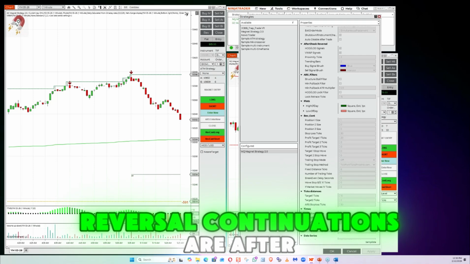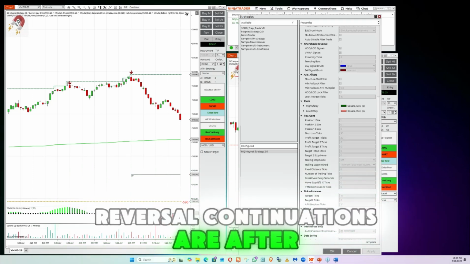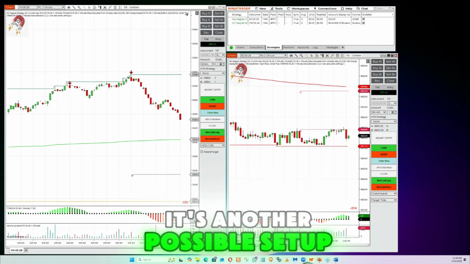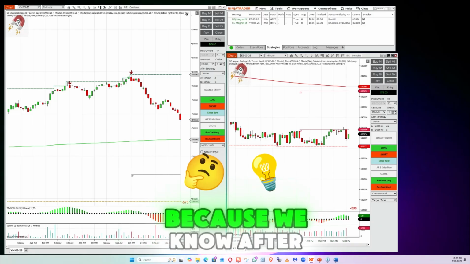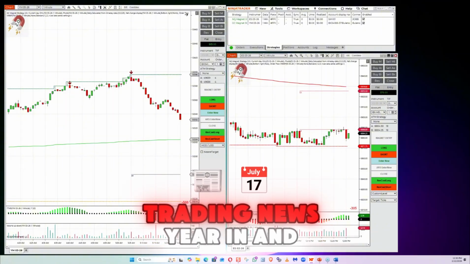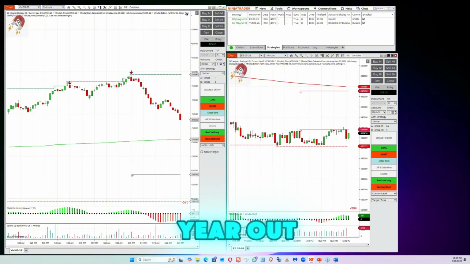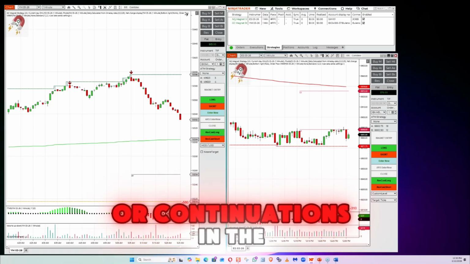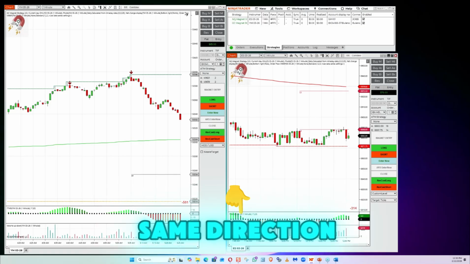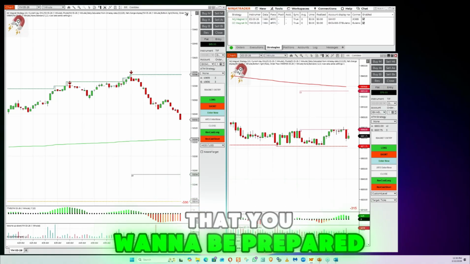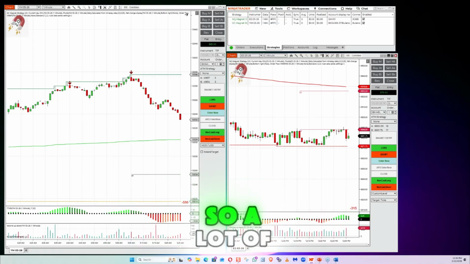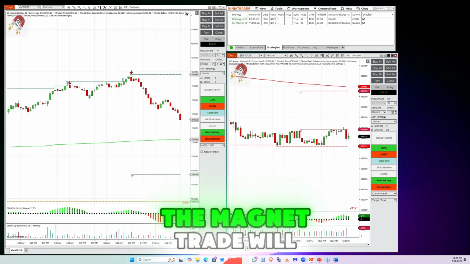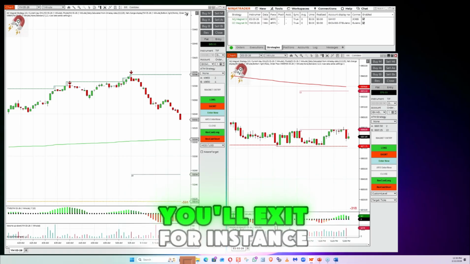Reversal continuations are after your magnet trade is over. It's another possible setup, because we know after trading news year in and year out, very often there will be reversals or continuations in the same direction that you want to be prepared to trade. So a lot of times what will happen is you'll trade a magnet, the magnet trade will be over, you'll exit.